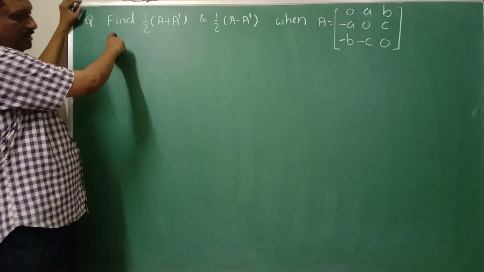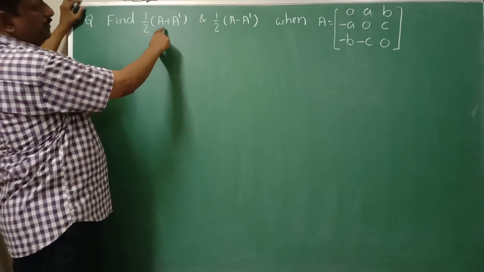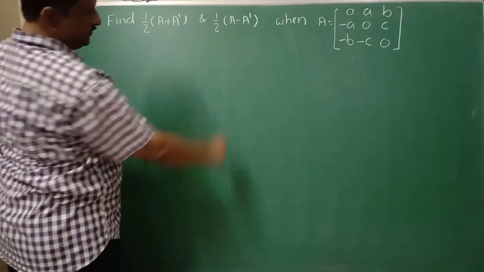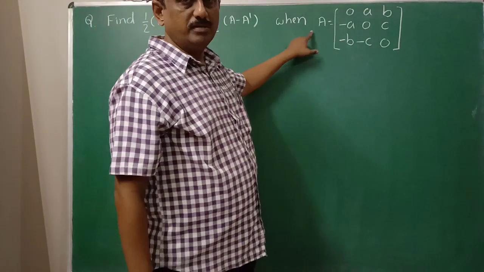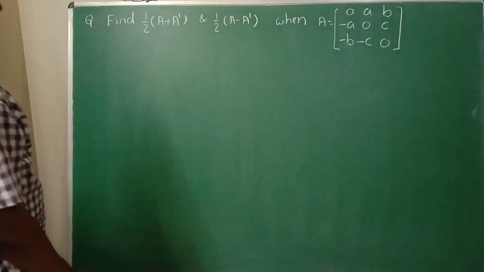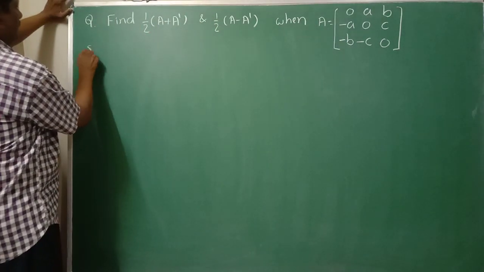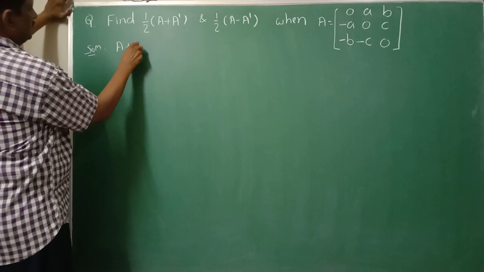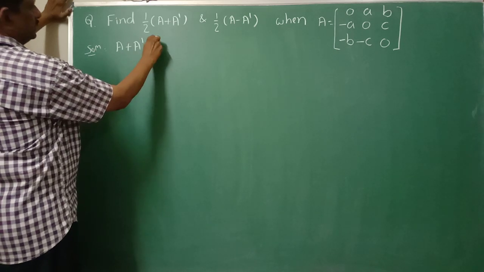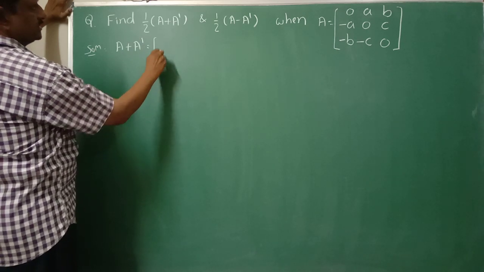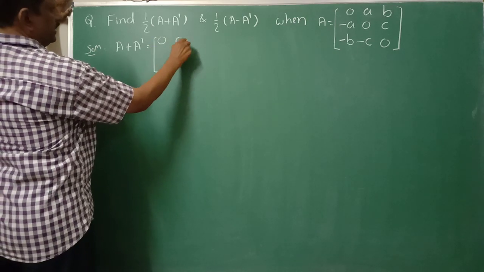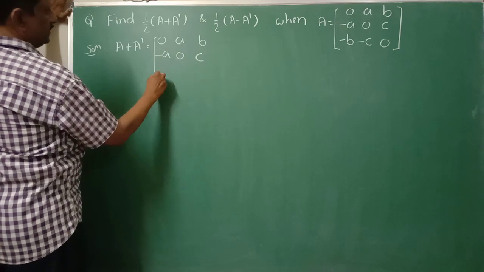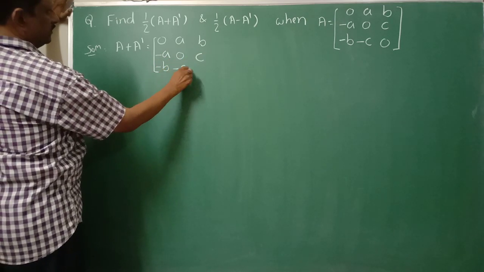So find out 1 upon 2 into A plus A dash and 1 upon 2 into A minus A dash. Then A is a 3 by 3 matrix here. First you find A plus A dash. Take care, solution: A plus A dash is equal to, here the matrix A is 0, a, b; minus a, 0, c; minus b, minus c, 0.